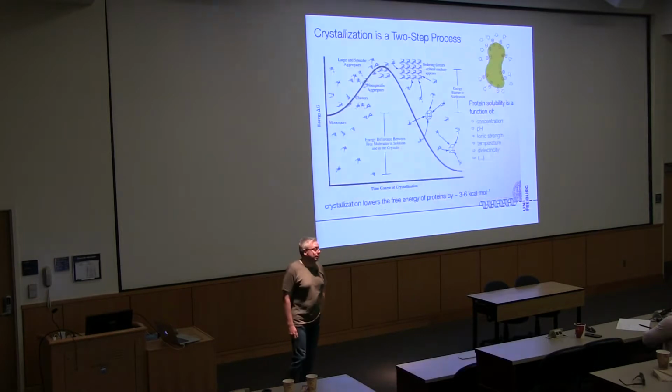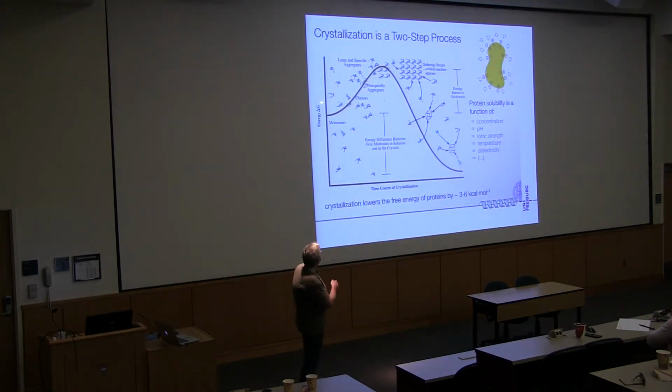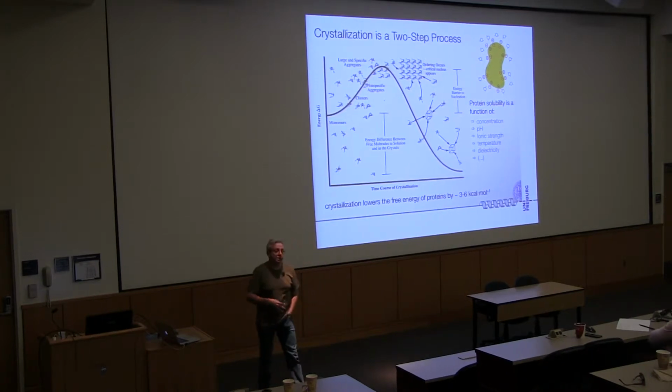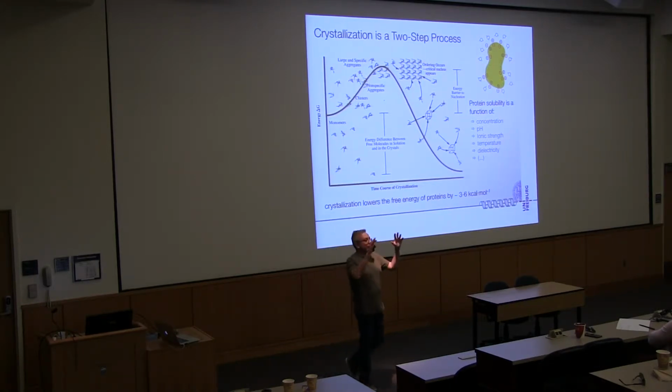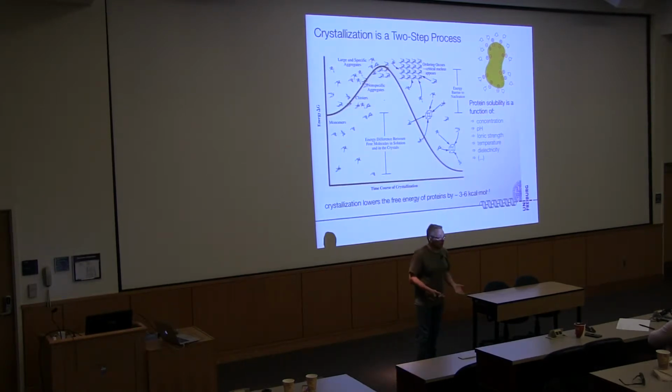And the answer is, of course, crystallization only occurs if the free enthalpy of the entire process is negative. That's thermodynamics, right? So at some point you need to release energy. And the point where you release energy is when individual protein molecules that are in free solution and are hydrated with a complex hydration shell are able to lose a part of that hydration shell because they get in touch with another protein molecule close by.